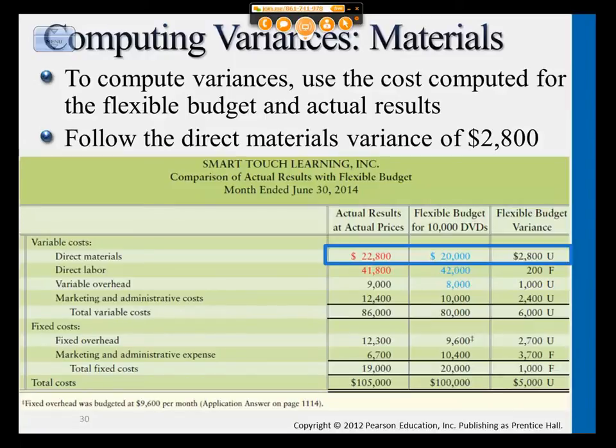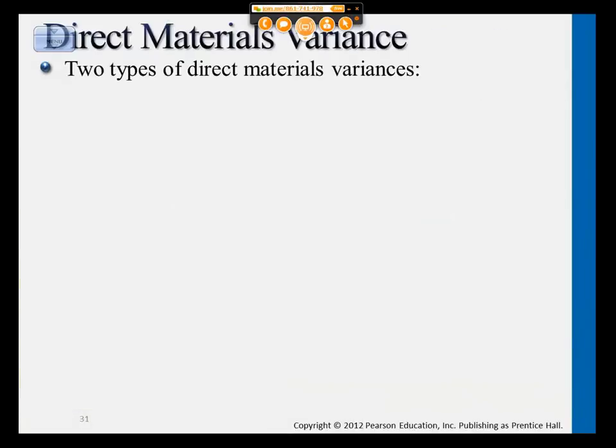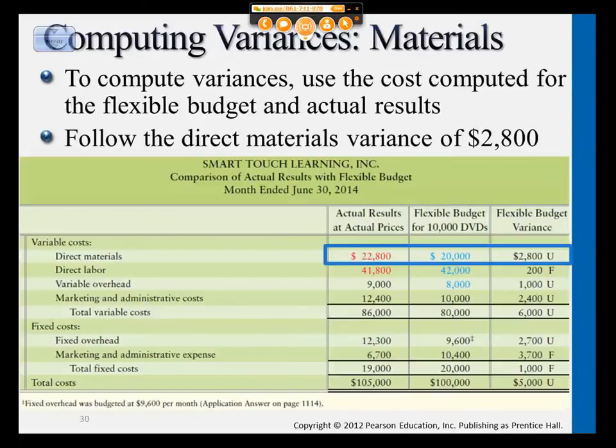Why is it unfavorable? My actual numbers are higher than what I predicted, right? What I estimated before. So that's an example for you of how we track where this unfavorable or favorable variance comes from.